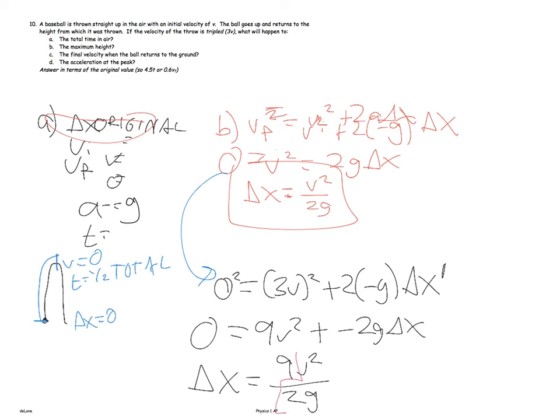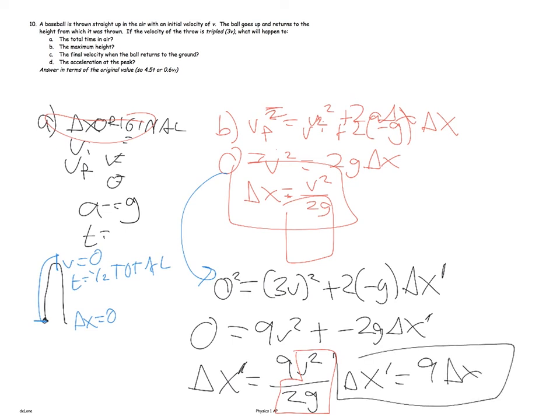Once again, some of you might see that both of these contain that v squared over 2g. So x prime here, I forgot to add that, but x prime here is simply going to be 9 times what delta x was.